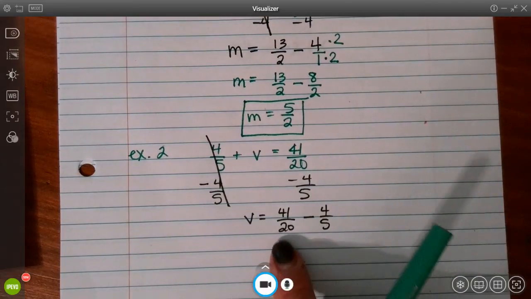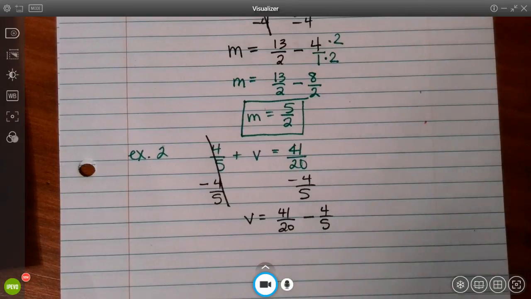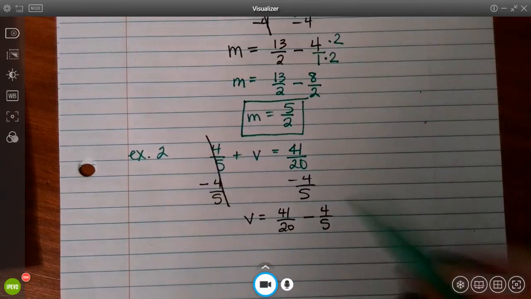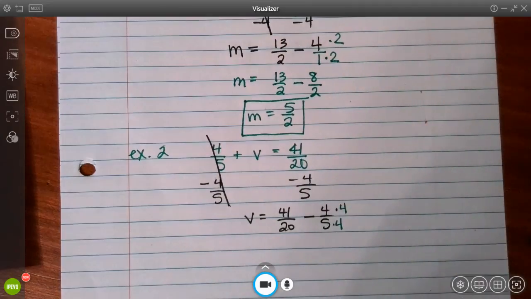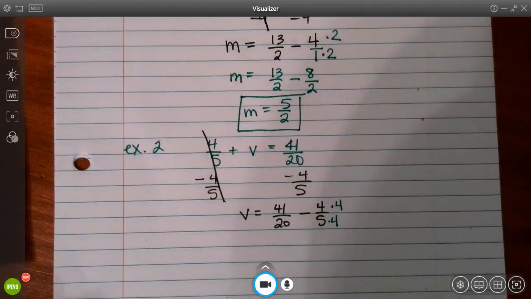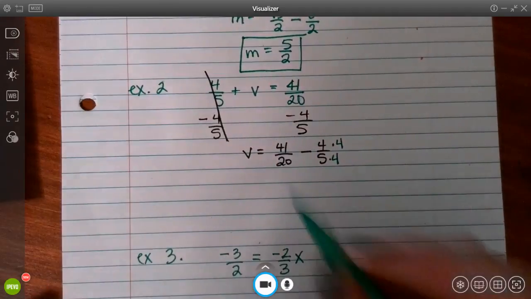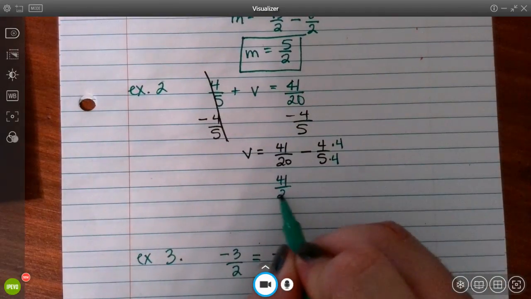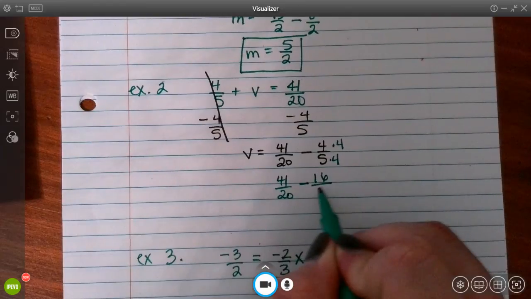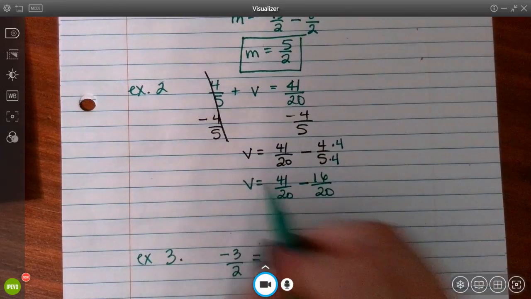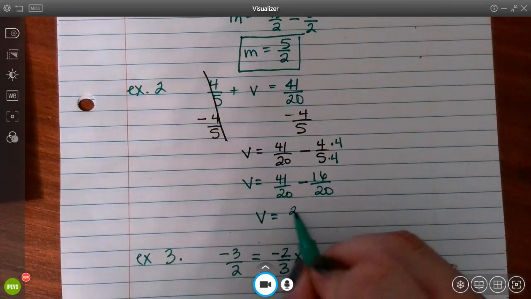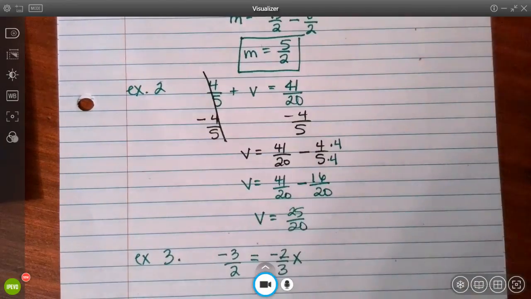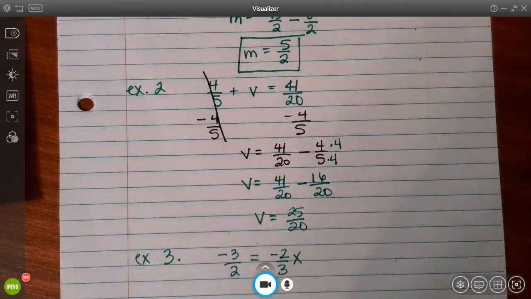Now, I don't have the same denominator, but I could if I multiplied this 5 by 4. So I would multiply the top and the bottom by 4. This would give me 41 over 20 minus 16 over 20, which, if I continue to solve out, would give me 25 over 20. Now, I'm not finished.